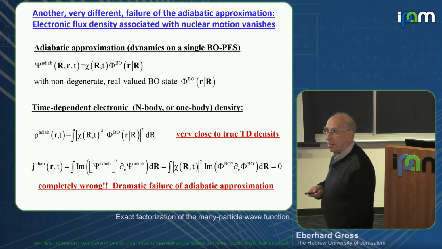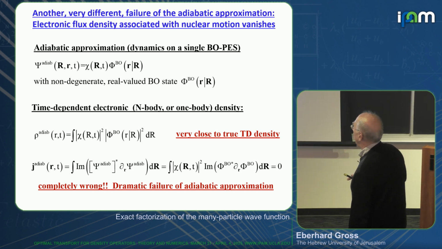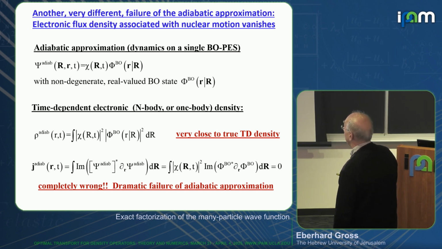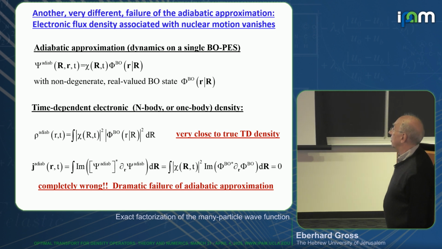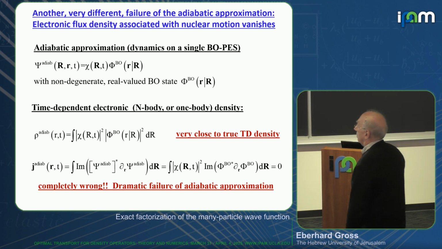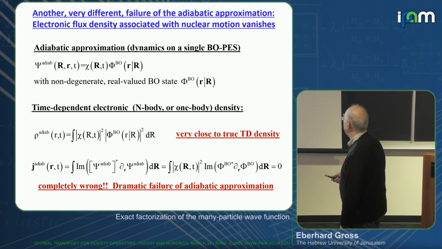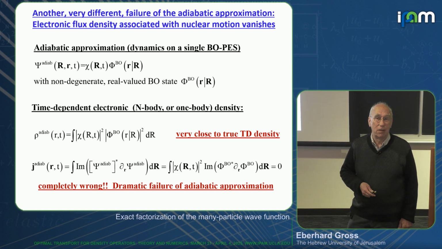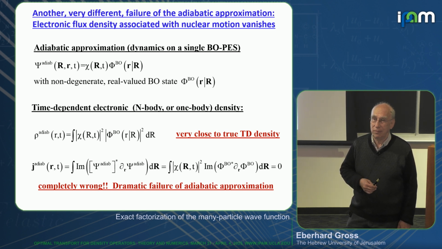But then you try the same thing with the electronic current density. So you evaluate the expectation value of the current density operator, electronic current density operator, so that involves an imaginary part, and here the derivative with respect to the electronic coordinates. So you end up with this expression. But Born-Oppenheimer states are most of the time real valued functions.